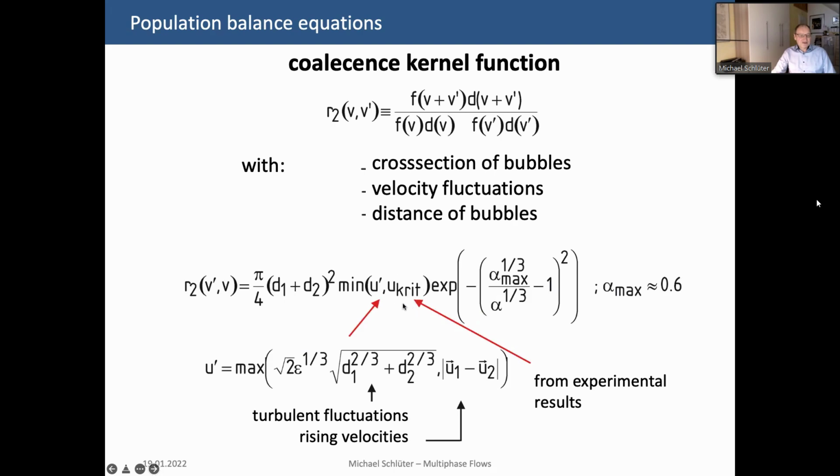But physically, the important point is this critical velocity that comes from the experimental results. If you have adapted this kernel function to your certain system, organic system, watery system, whatever, you can afterwards try to transfer this kernel function to another system, to another apparatus, to another geometry, to another material system.